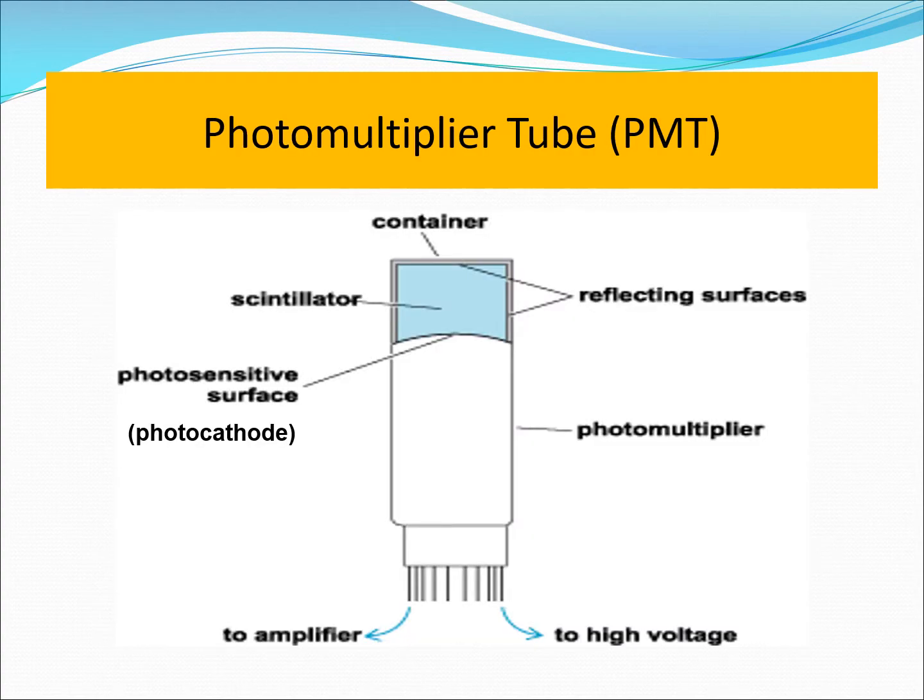One of the main components of a scintillation detector is the unit known as the photomultiplier tube, or PMT for short. The portion of the PMT which is colored bluish is the scintillator we have just mentioned.